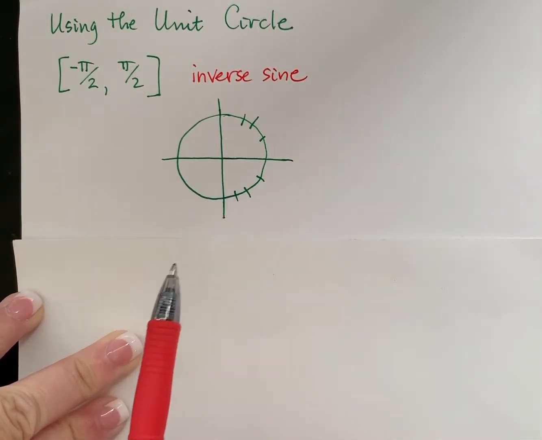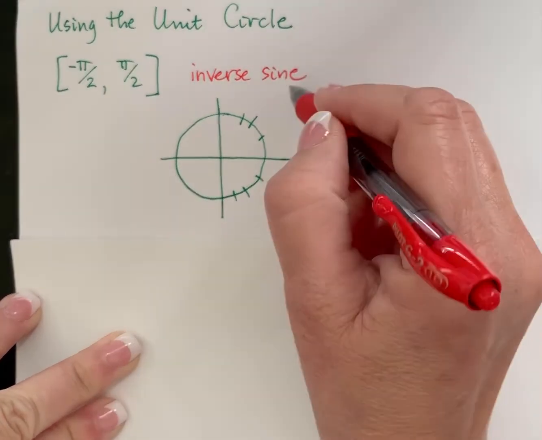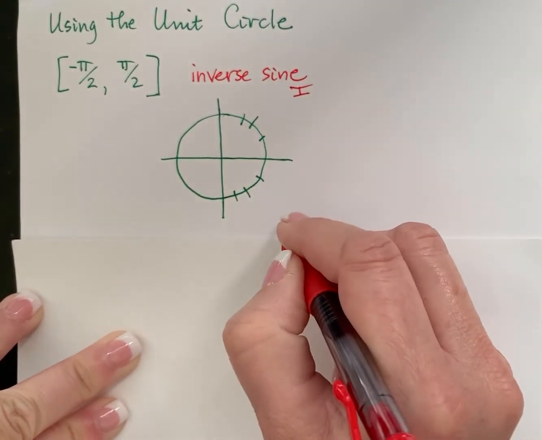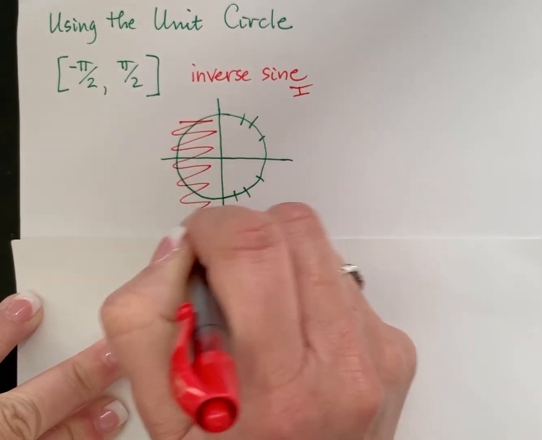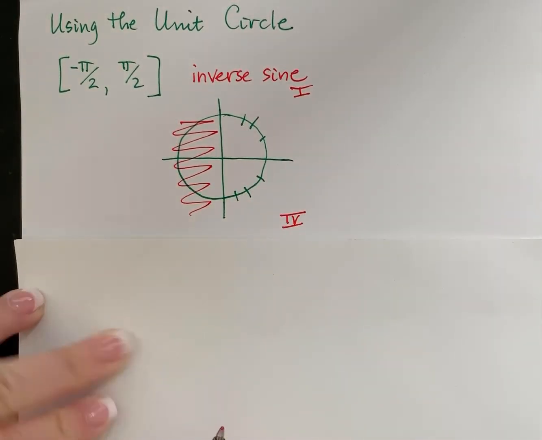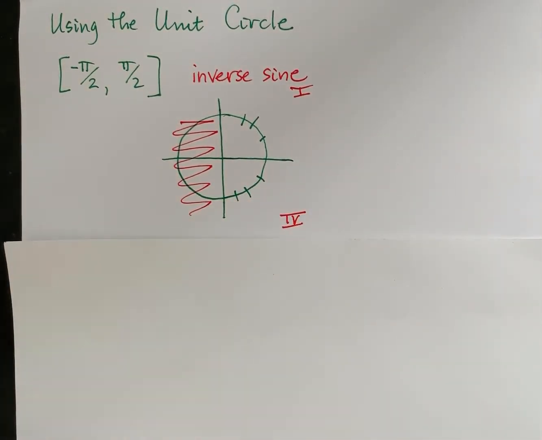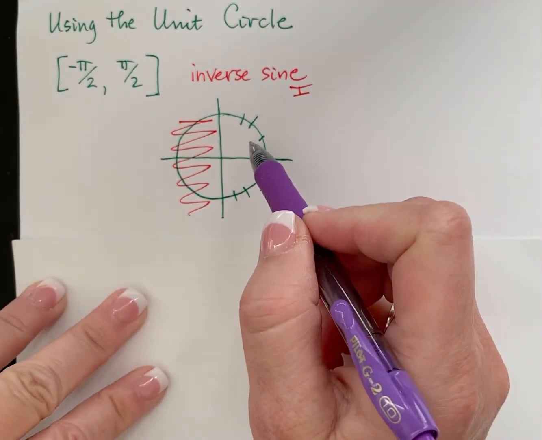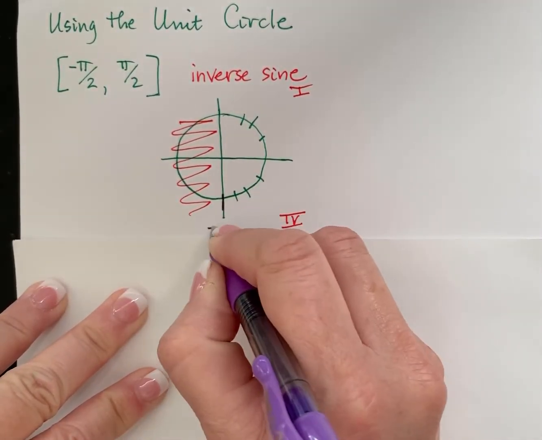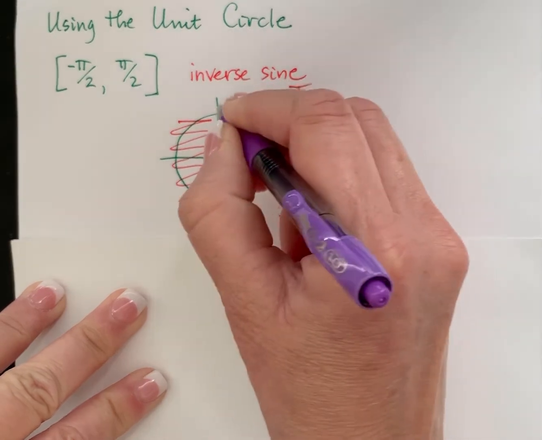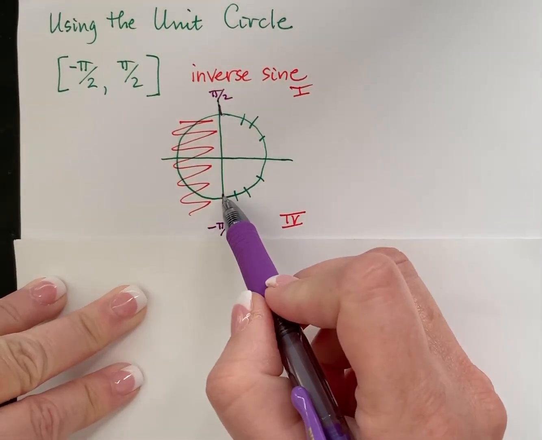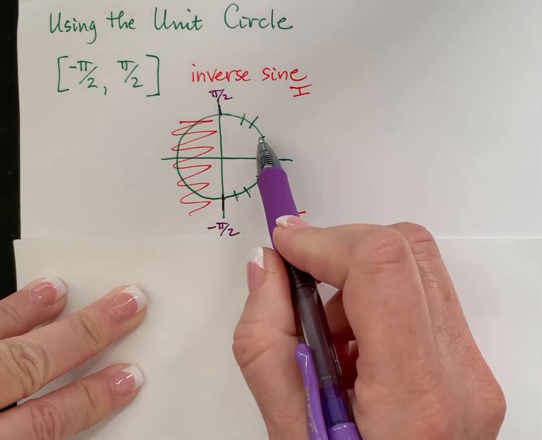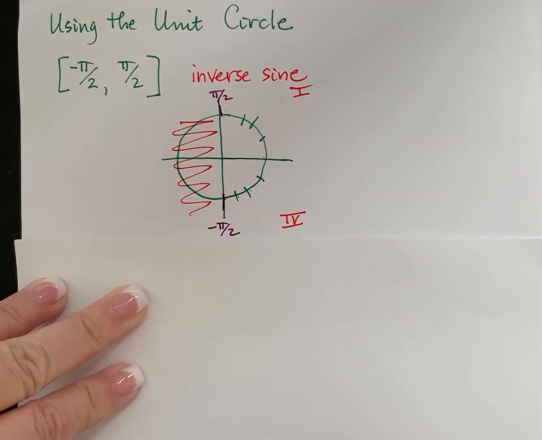That restricts you to quadrants 1 and 4. You will not use these quadrants at all. Okay, and all your answers will be between negative pi over 2 and positive pi over 2. All right, now these are the special values. So there's only 1, 2, 3, 4, 5, 6, 7, 8, 9 places with special values.